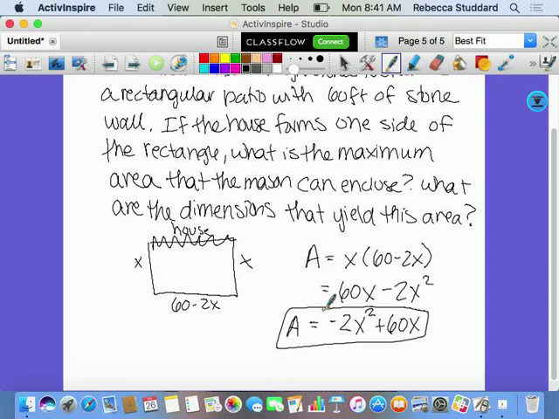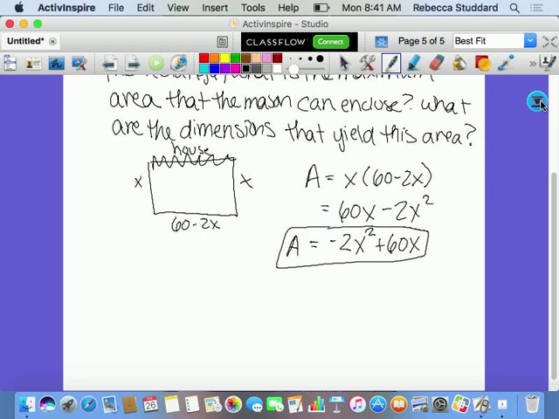It said, what is the maximum area? So to find the maximum area, we find the vertex. How do you find the vertex when it's in this form? We can't automatically see our h and k. It's not in vertex form. Yep. So we're going to find the opposite of b over 2 times a.